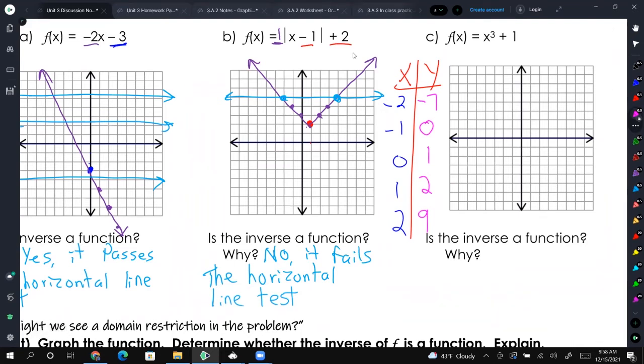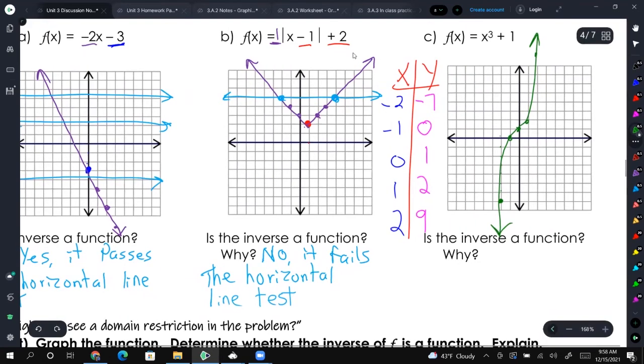So we can plot those points. So this graph looks like that. So is the inverse a function? Yes, it is. It passes the horizontal line test.